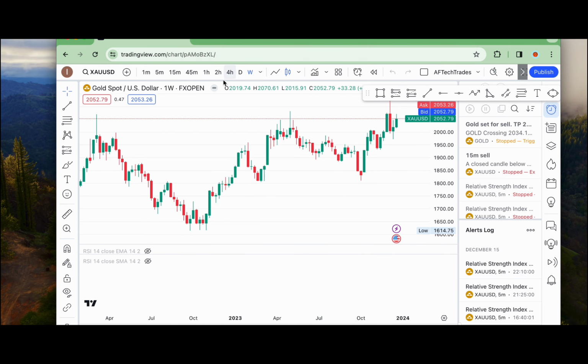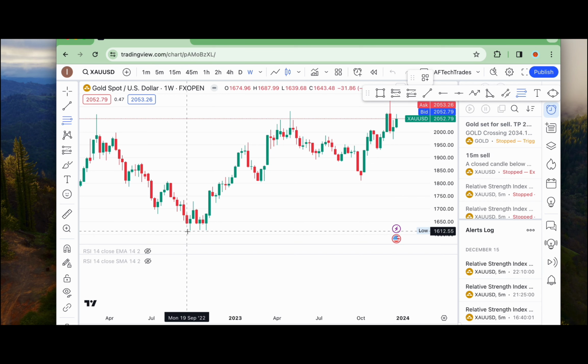I would use the weekly time frame, for example. Now from here, if I look at this, I'll place the Fibonacci retracement tool here. This is an uptrend, right?